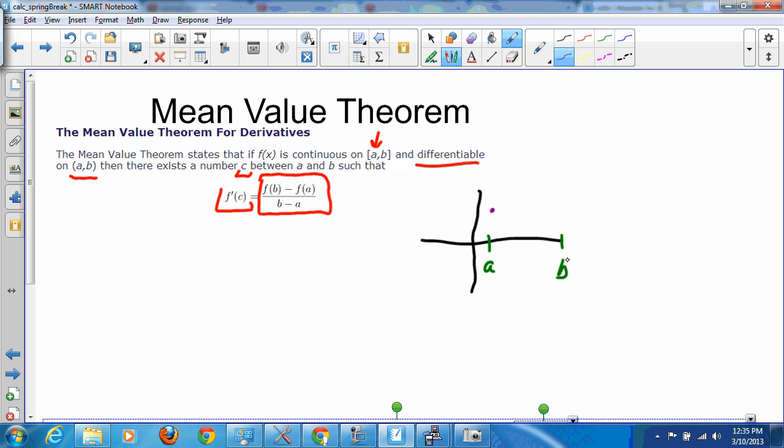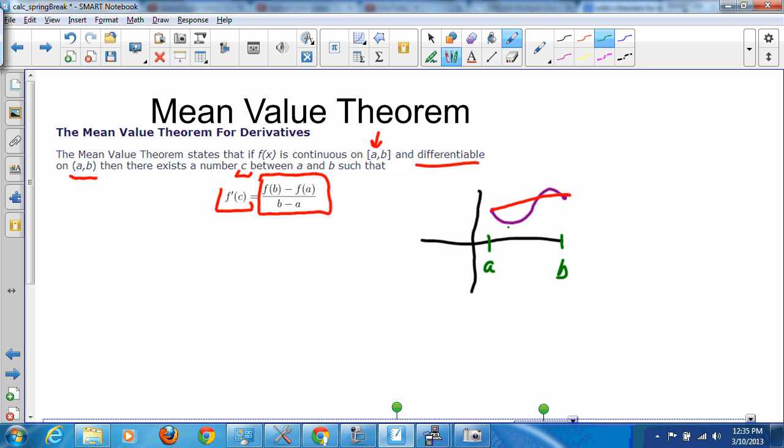So what they're saying is, if you have some sort of a function, and it's any function, as long as you can take the derivative, if you draw a secant line there, its slope is going to match up with the slope of a tangent line at least one time in between here.